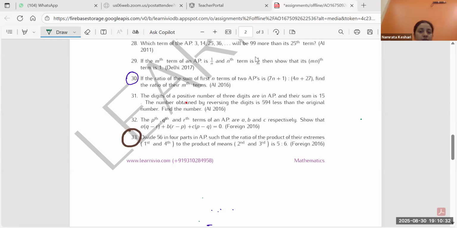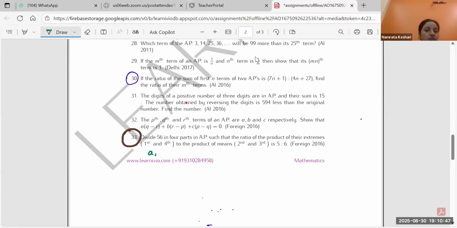You need to know there is a rule that if we are having this type of question with the product of the extremes and the product of the means, let's say the four terms which are in AP are: the first term is A, the next term is A plus D, the next is A plus 2D, and the next is A plus 3D.